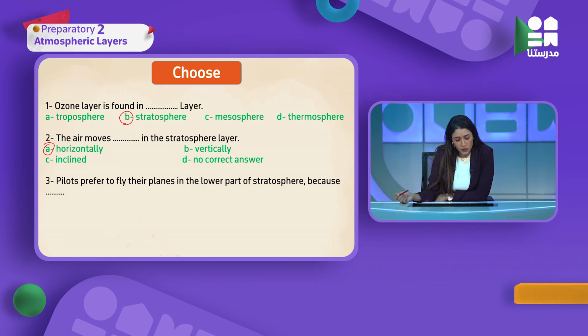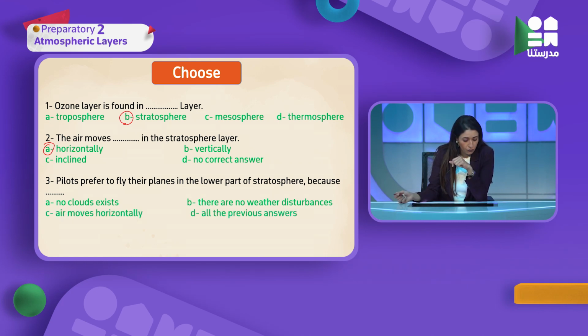Pilots prefer to fly their planes in the lower part of the stratosphere. Why? Let's see. No clouds exist يعني مفيش clouds. There are no weather disturbance مفيش تغيرات مناخية. Air moves horizontal يعني الهواء أفقي مش عمودي.